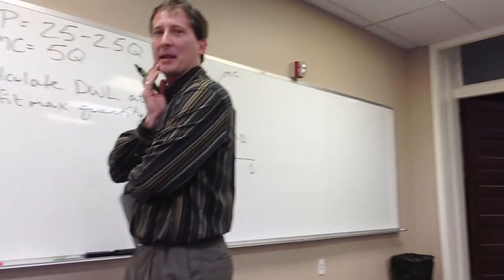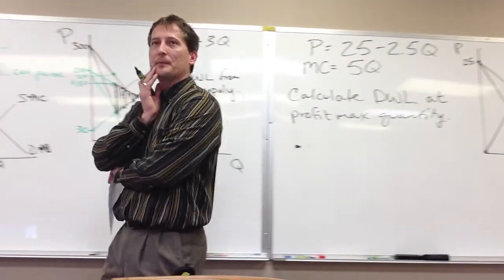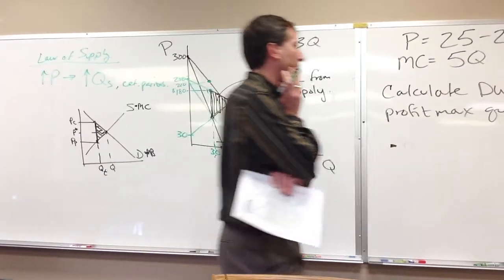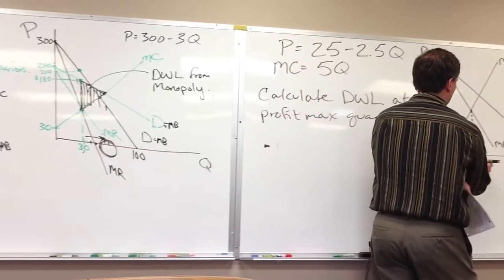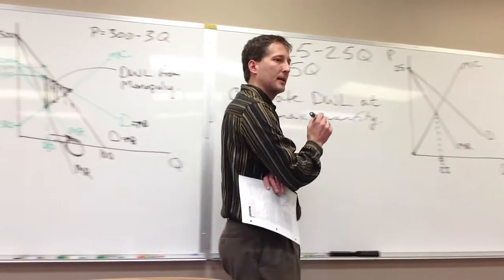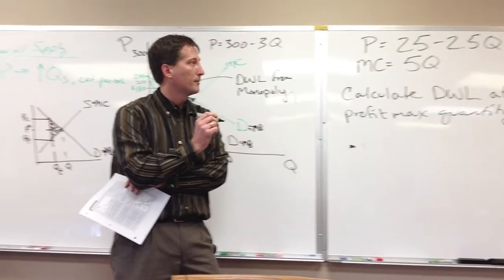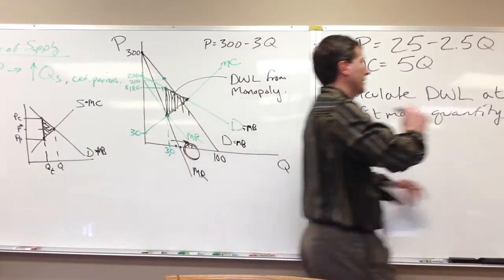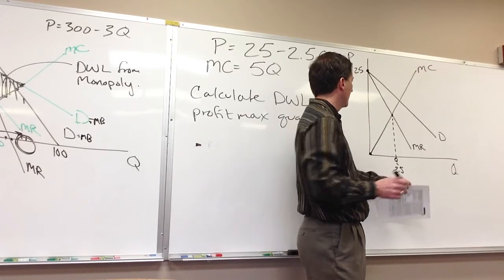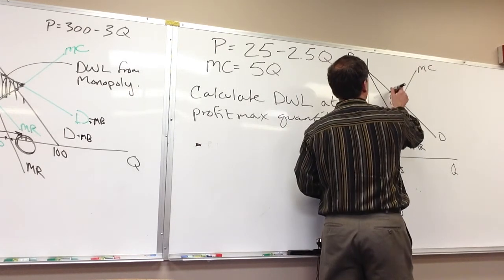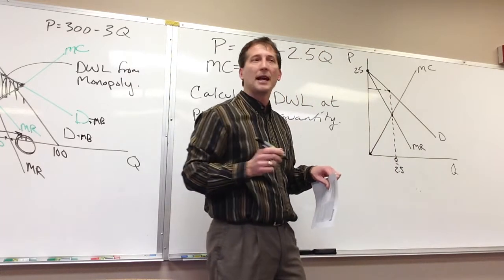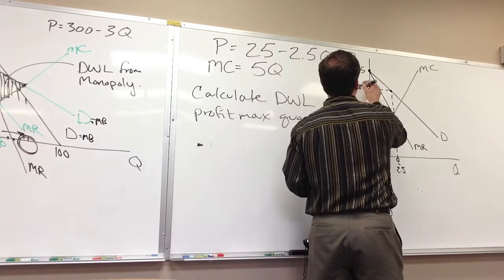So we spent quite a bit of time on this problem on the first phase of it. How much, Chelsea? 2.5, correct. So find out where you got that in your notes. This is actually a smaller part of the problem. I just want you to make sure you know you've got this earlier. So we have a quantity of 2.5. And then what was that price once we substituted it into the inverse demand curve? 18.75.